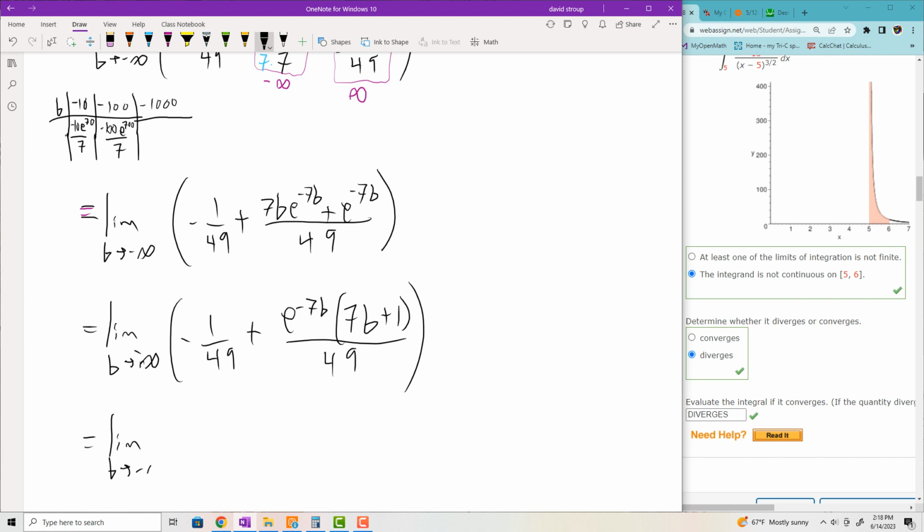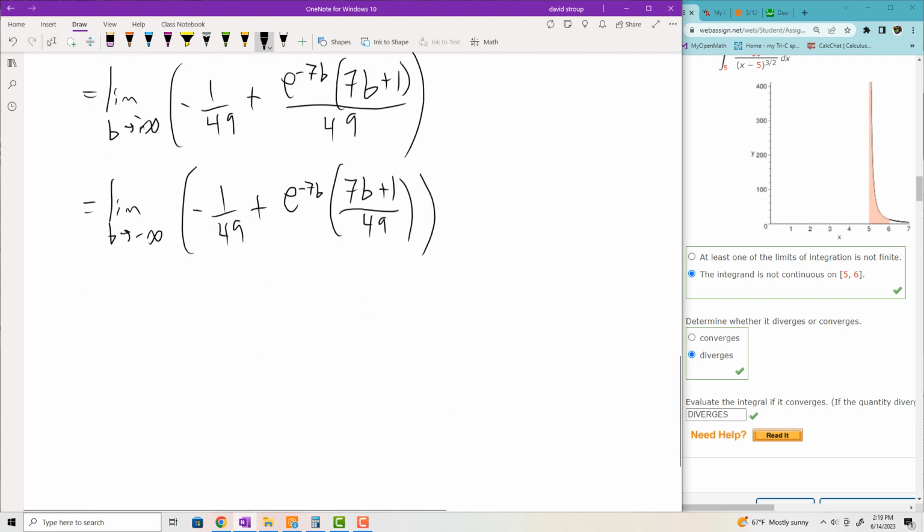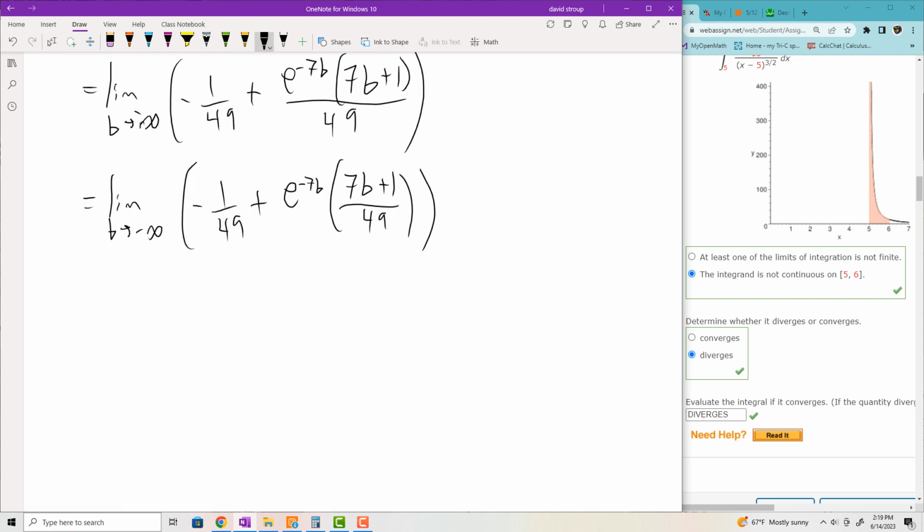Okay. So we have negative 1 over 49. To make it a little bit more clear, you could rewrite this thing as e^(-7b) times 7b plus 1, all over 49. And then reevaluate what kind of limit it is.